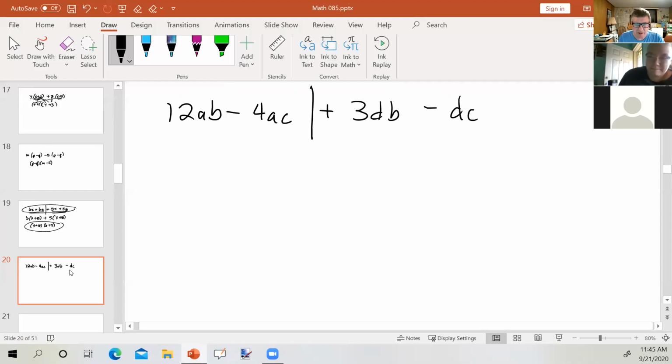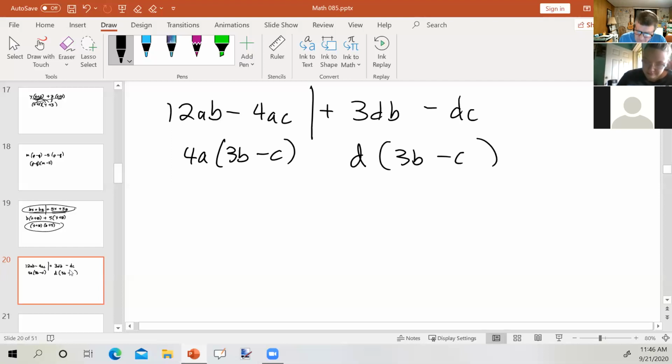Okay, all right, so the greatest common factor of the first two terms would be 4a. The leftovers would be 3b minus c. In the second group, the greatest common factor is d, and the leftovers are 3b minus c.